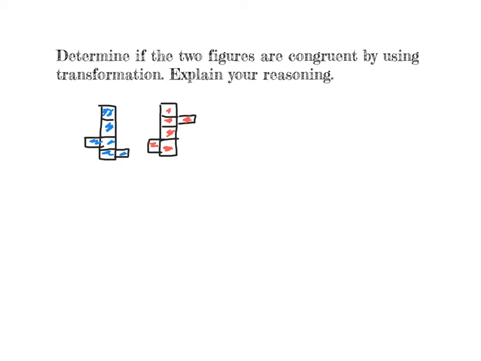Well, these look kind of similar to what I just did. I could start by looking at my figure, and it looks like I'm going to need to reflect this figure and flip it over. So I'm going to do that first.